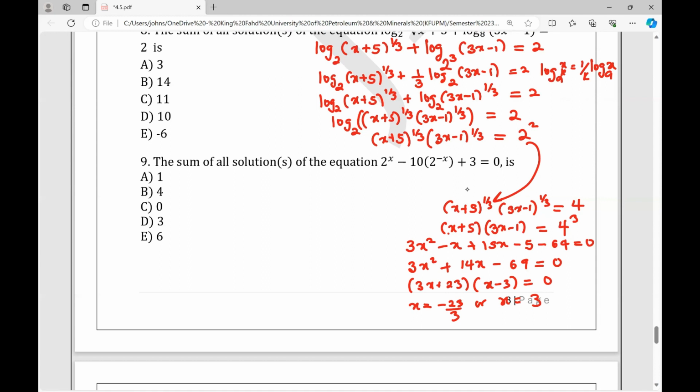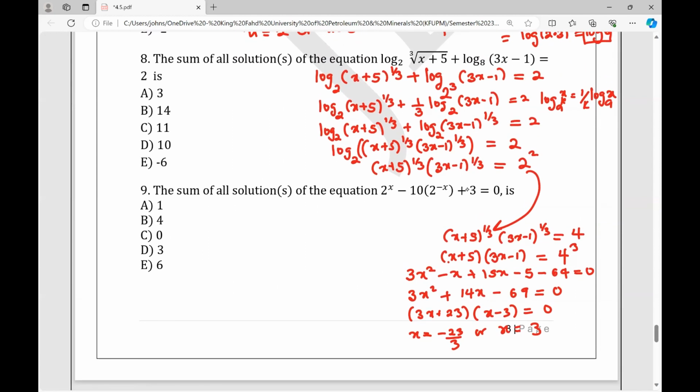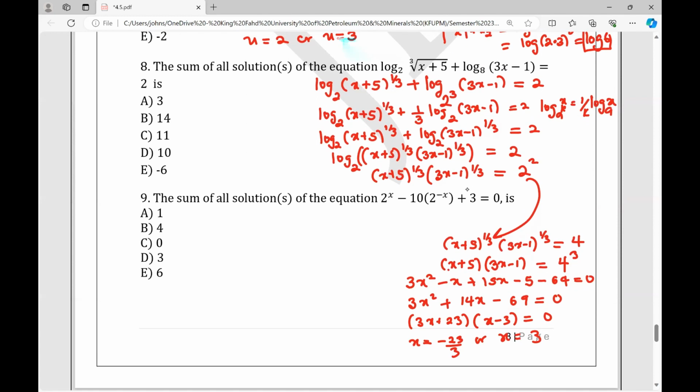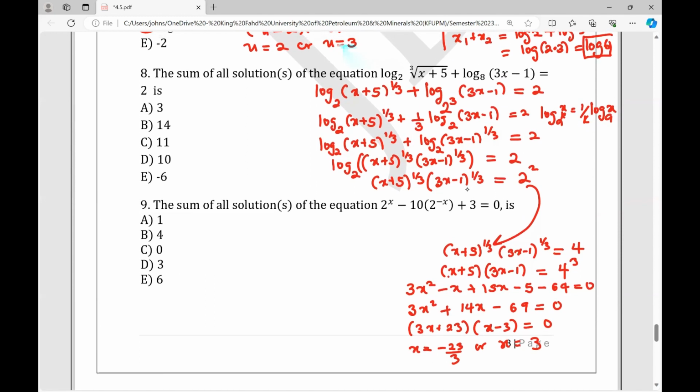But we know that we have to check, right? We have to check. See, minus 23 over 3, can it be a solution? Look at it here. If you substitute 3, it's fine. If you substitute 3 here, it's good.